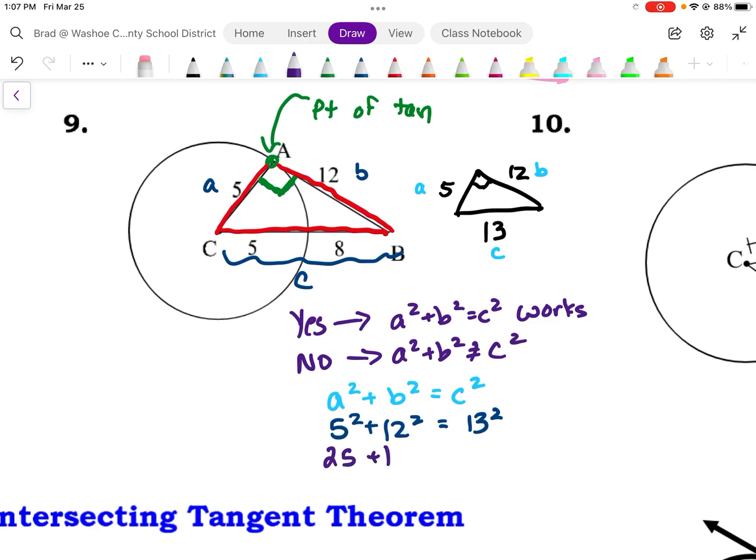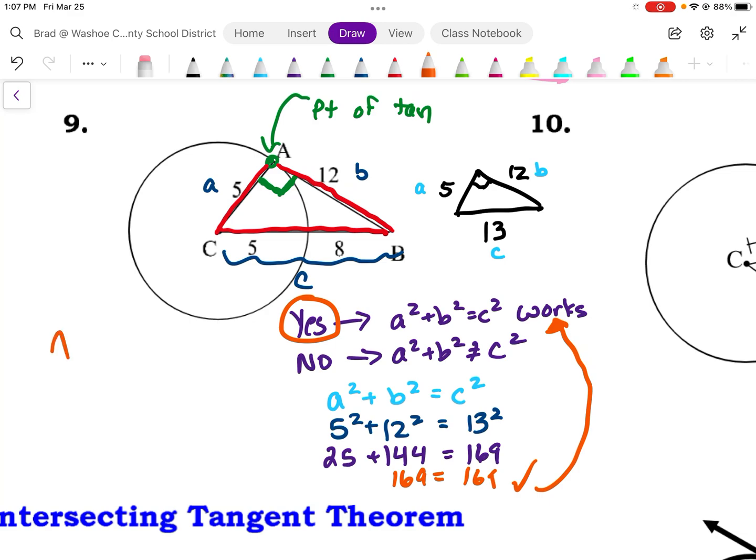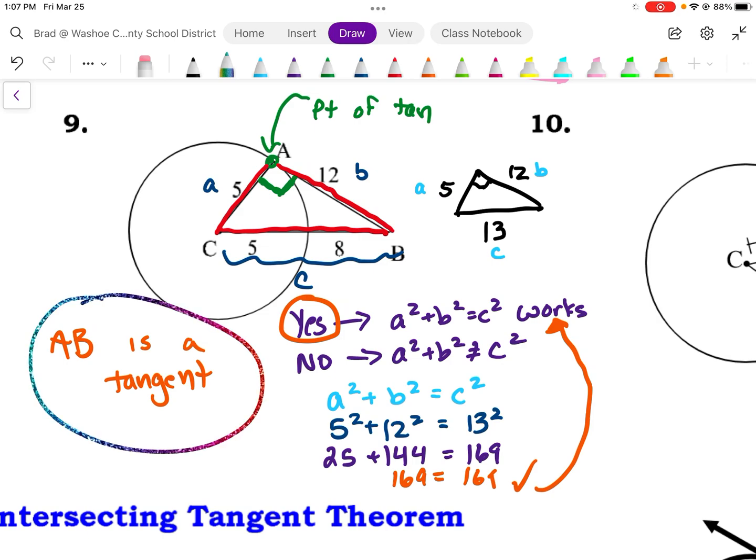So 25 plus 144 is equal to 169. When I add up the left side, that's 169. That equals 169, so that works. So what that means is that it's true, so this is a yes. So yes, AB is a tangent, because that's what we were trying to figure out this whole time.